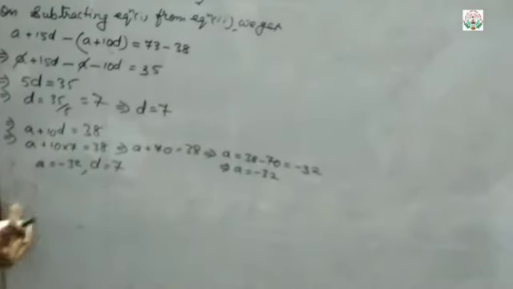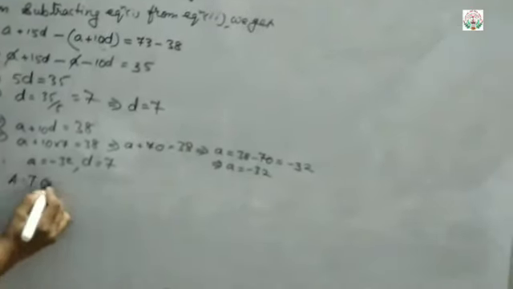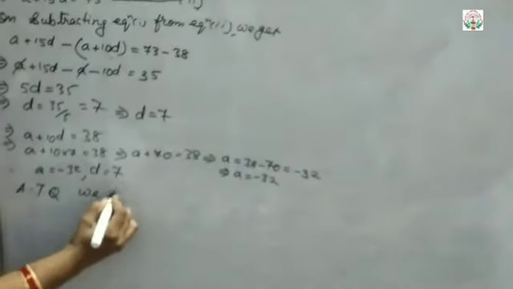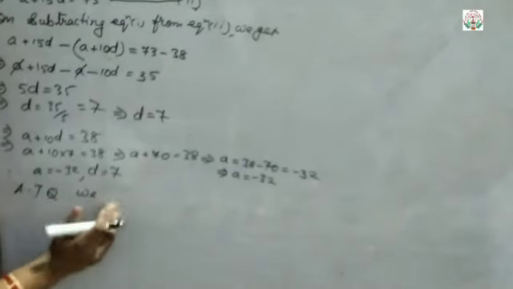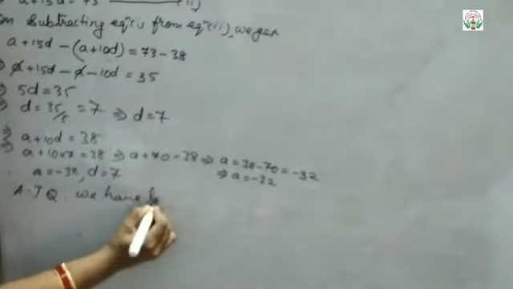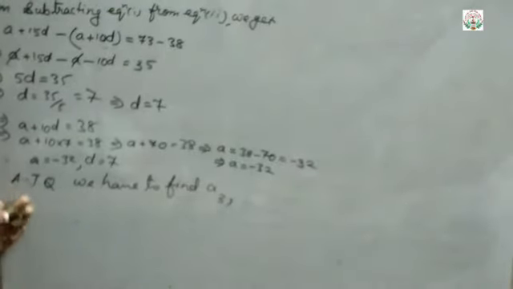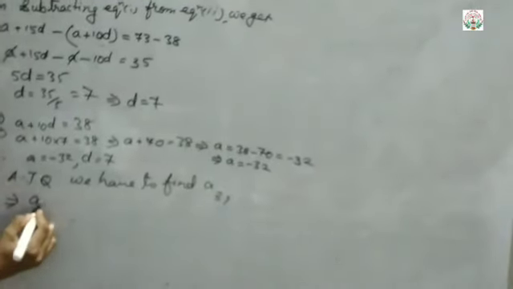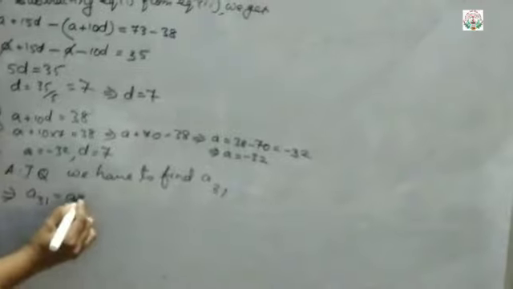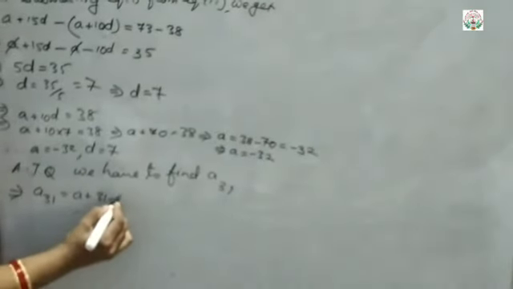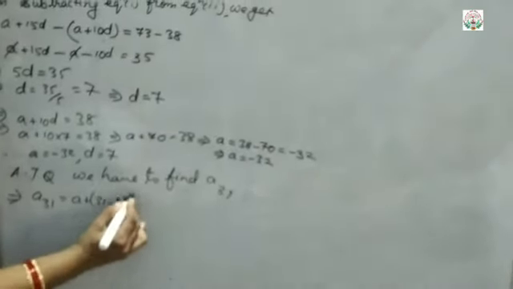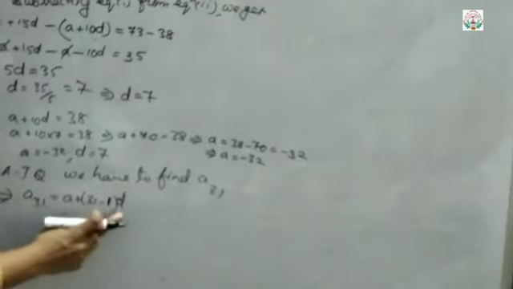According to the question, we have to find what? We have to find A31. So implies A31 equals A plus 31 minus 1 into D. Now A value you got, D value you got.